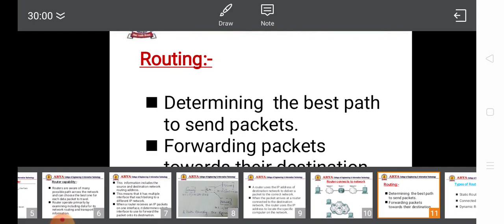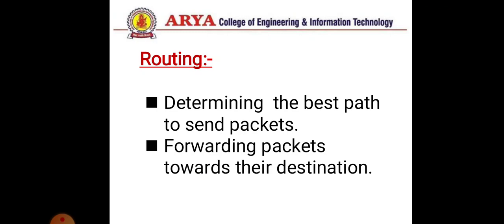That means the router uses its routing table to determine the best path to forward the packet. When the router receives a packet, it examines its destination IP address and searches for the best match with a network address in the router's routing table.